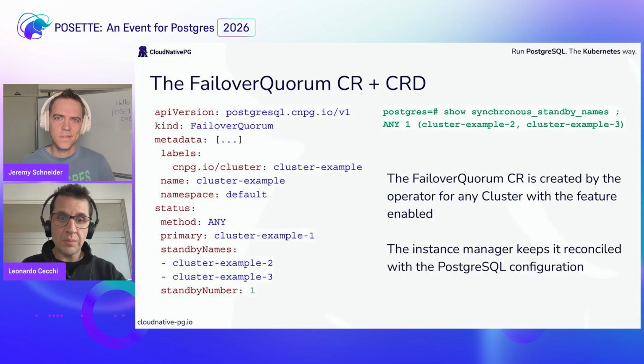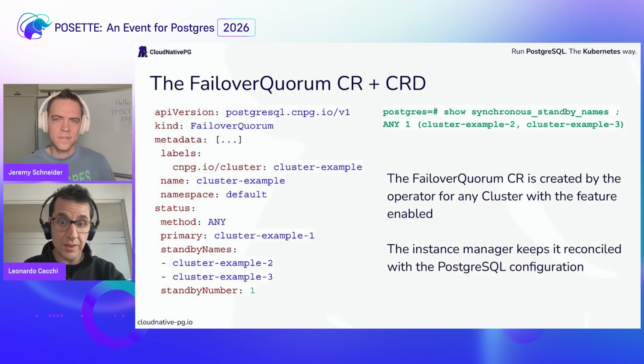You can see it bears the same name as your cluster. And in the status, you will find the exact same information that you can find in the synchronous_standby_names configuration parameter. So look, method any, and on the right, ANY 1, and the list of standby names.